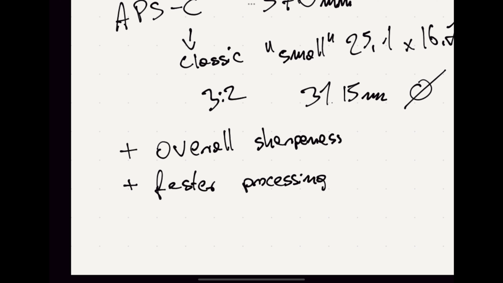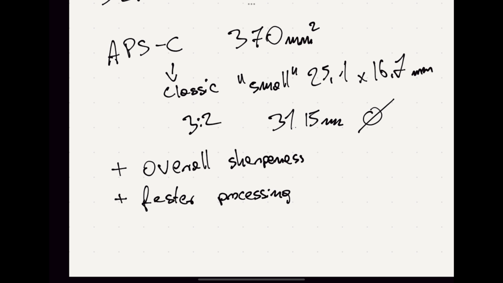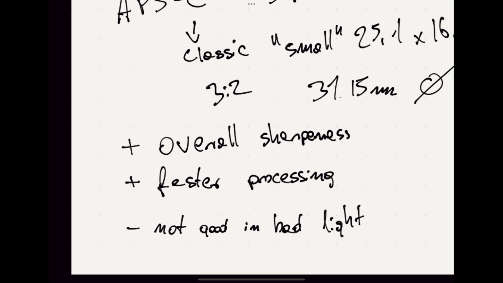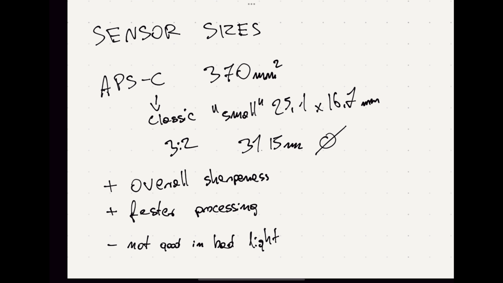It's definitely faster with processing as the files are smaller, which nowadays we have to look at as well. What are the drawbacks? Well, not good in bad light. And ISO on this sucks, and night photography and evening photography on APS-C don't really exist.